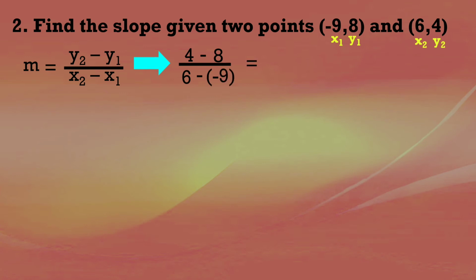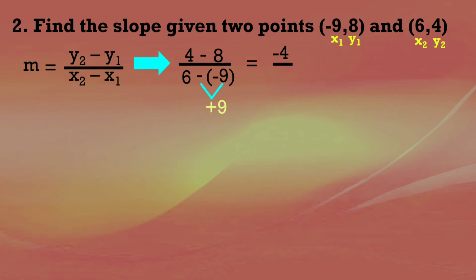So, equals, so 4 minus 8 is equals to negative 4. Then, 6 minus negative 9. So, dahil meron tayong dalawang negative dyan, so magiging positive na siya. So, tandaan niyo yan, rules of integers. Di ba, pagka subtraction ng ating operation, kailangan nating i-change yung sign ng subtrahend.